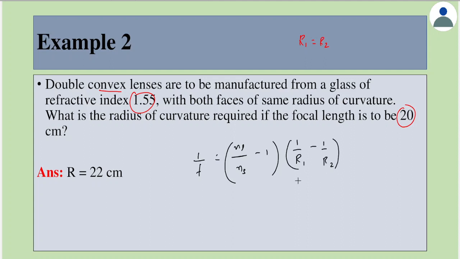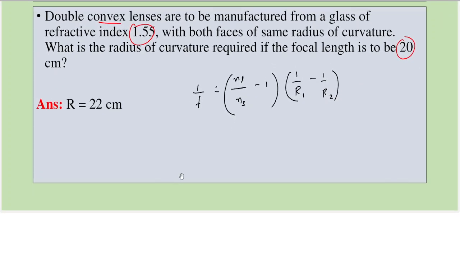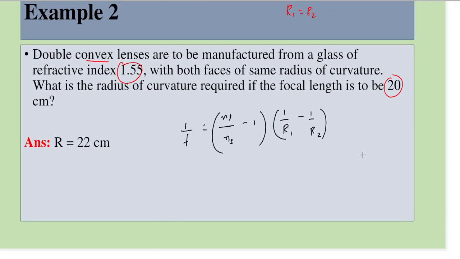Keep in mind that we should use this formula with sign conventions, and recall that for a convex lens R1 is positive and R2 is negative, otherwise this would be 0, it becomes meaningless.